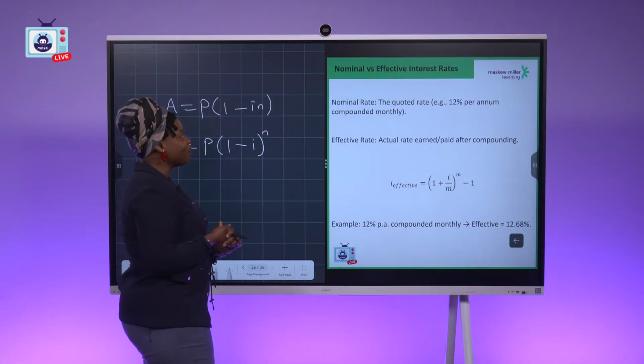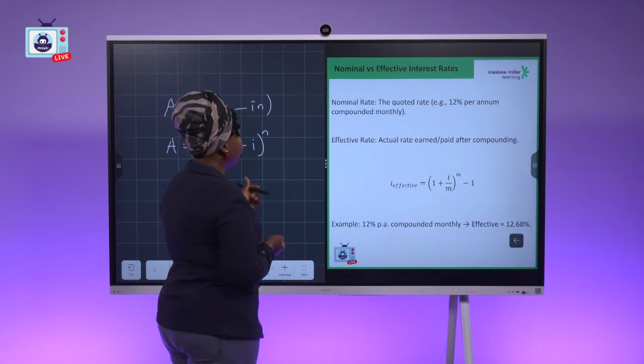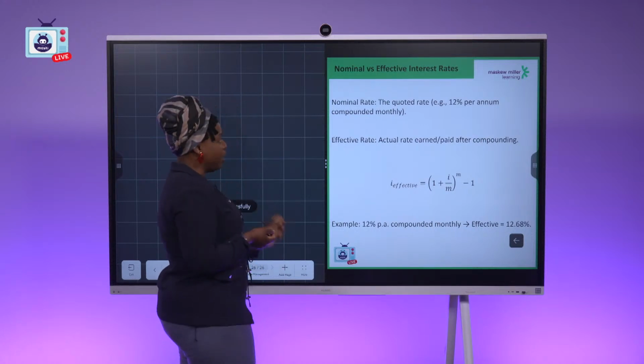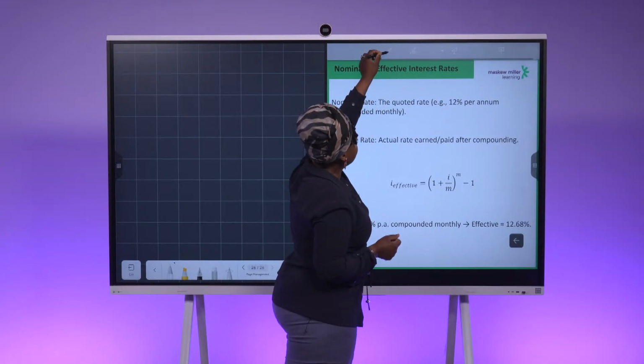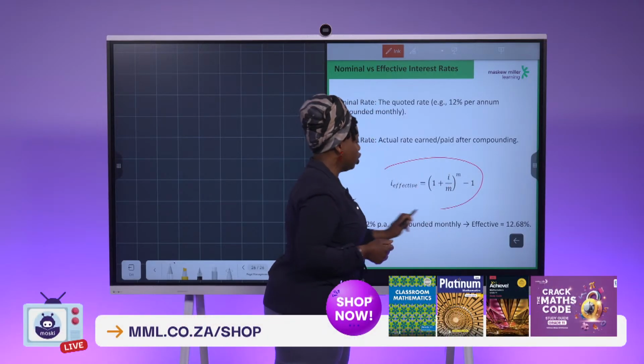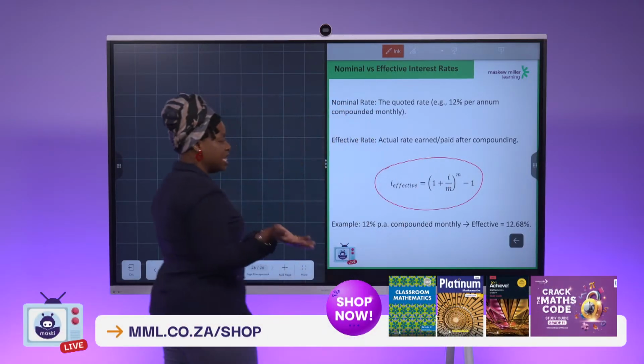All right. Then we have nominal and effective interest rate. Here the nominal and effective interest rate come in a formula. If you have seen it in most textbooks, this is not how the formula is represented, but that is simply because they are looking at it on a different scale.